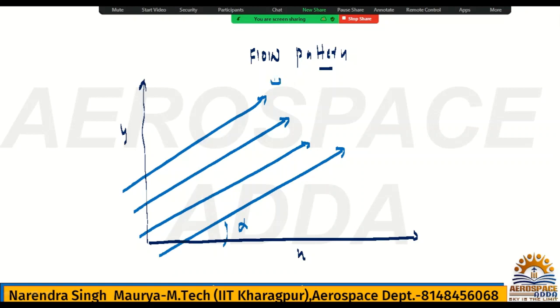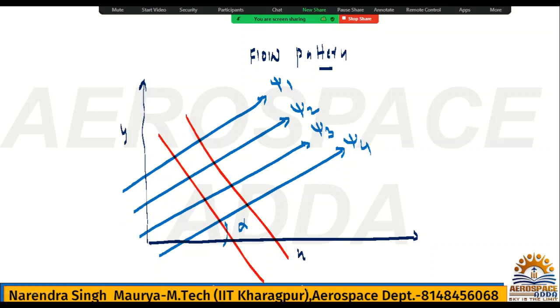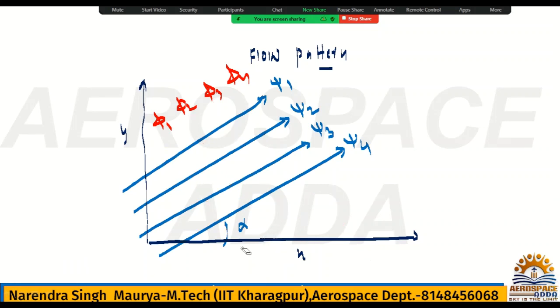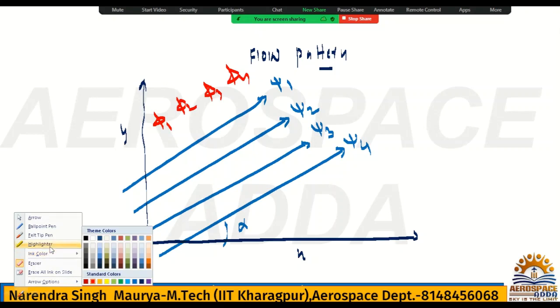So if these are psi 1, psi 2, psi 3, psi 4, where will be the potential function? I hope you understood now. It is just perpendicular, right? So this will be the potential function. How would you know? That property you have to use. What is the property? Perpendicular to the streamline. Simple.